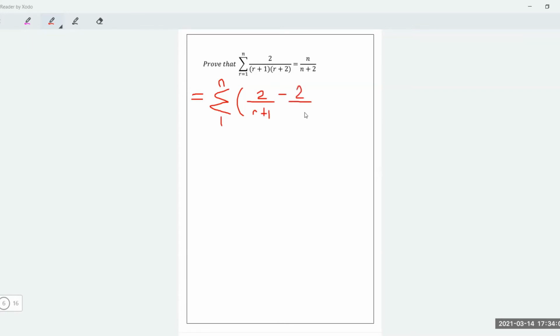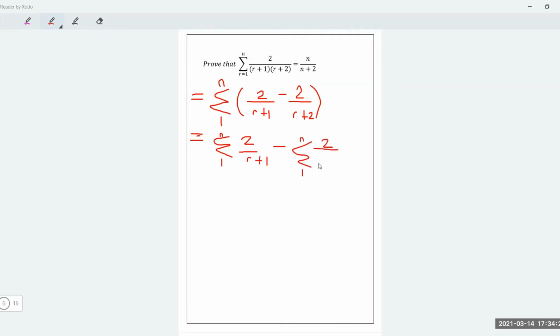That's what we end up getting. Now we can evaluate these summations quite easily, because we can break it up into two separate summations: the sum from 1 to n of 2 over r plus 1, and then using the summation law, minus the sum from 1 to n of 2 over r plus 2.